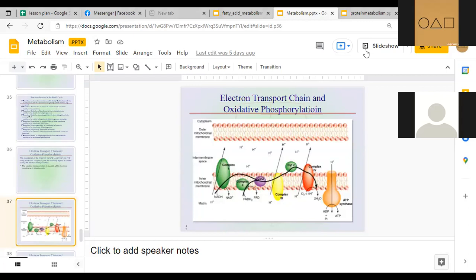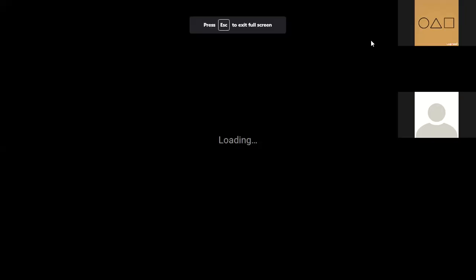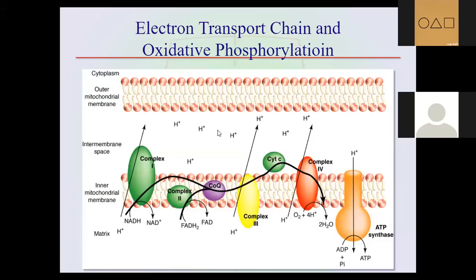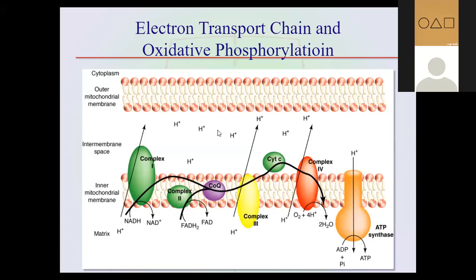Okay, let's look at this in detail. Okay, so dito sa taas, yung cytoplasm mo. Tapos ito yung outer mitochondrial membrane.